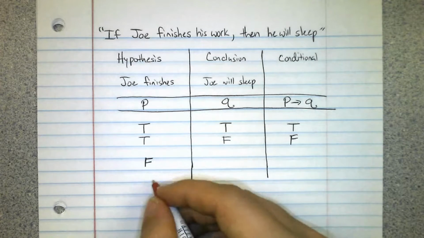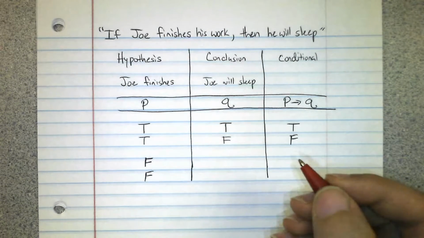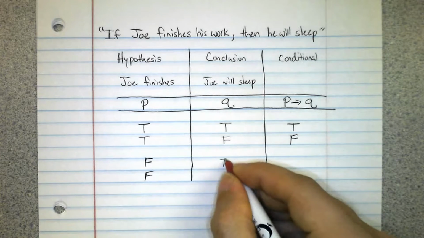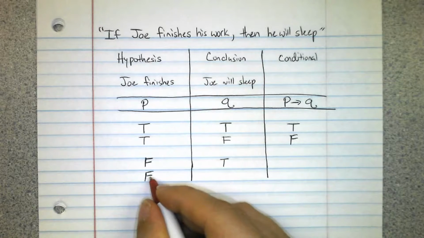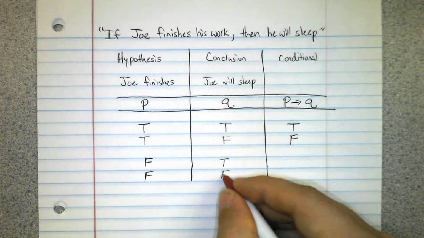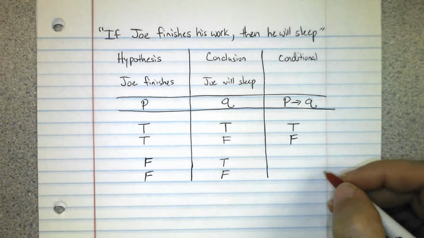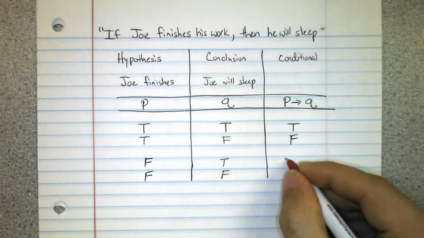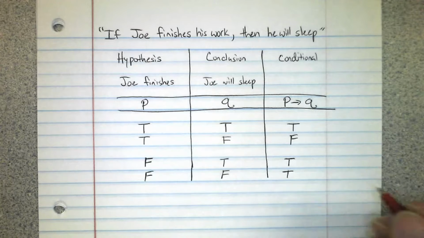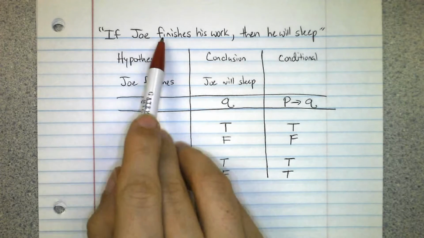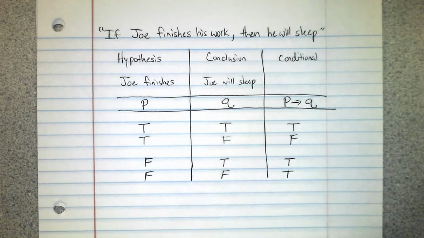If Joe does not finish his work, let's say he doesn't finish his work, but then he does go to sleep, or he doesn't finish his work, and then he does not go to sleep. Either way, what are we going to assign for the truth value? We are going to assign them both as true. And here's why. I didn't have anything in my statement that said if Joe does not finish his work, then he will do this, then he will not do that.